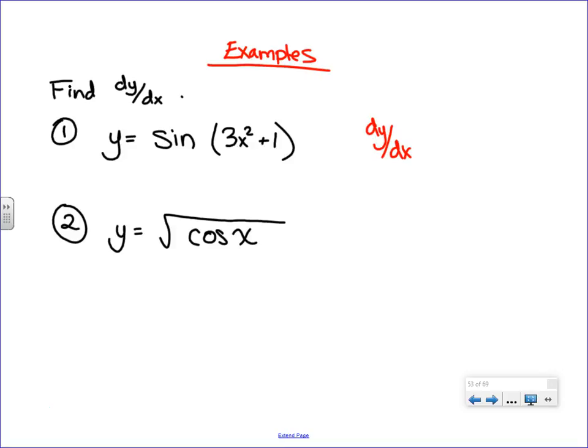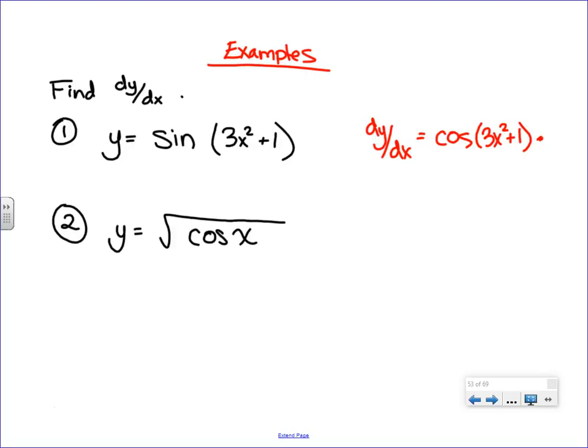The biggest one. So look at the biggest one first. Ignore the inner one. It's just chilling inside. How would we derive sine? Cosine. Have I peeled off anything yet? No, I'm just dealing with what I see. So what's still inside? But that poor little 3x squared has his own derivative.